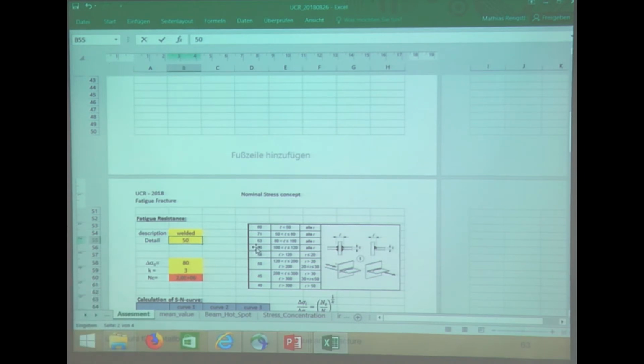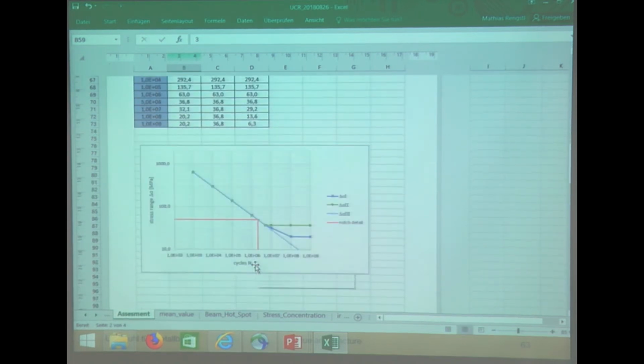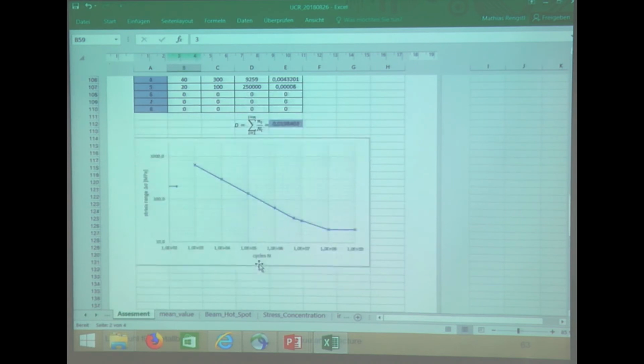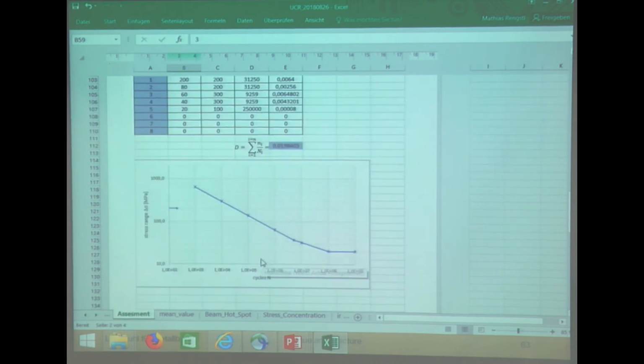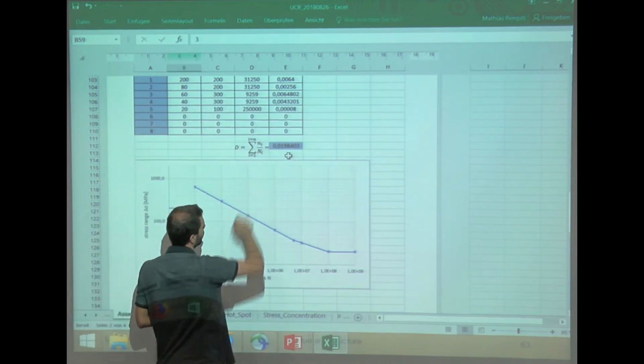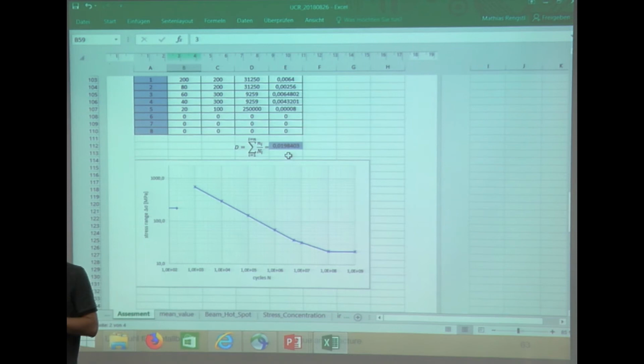So we have huge dimensions, huge blades. So we say here we have our 50 MPa. And so at the end, we end up here with a linear damage accumulation for 3 months of 0.02 regarding the load collective we had before.